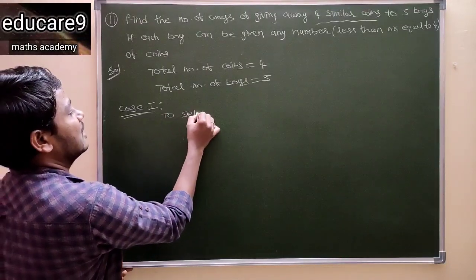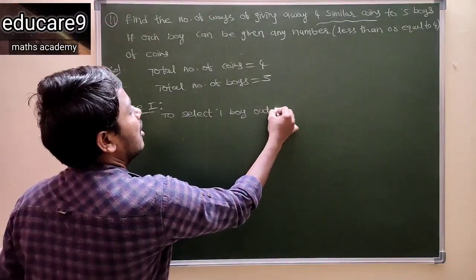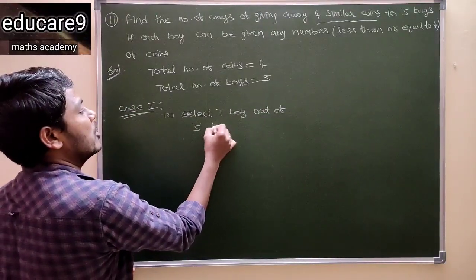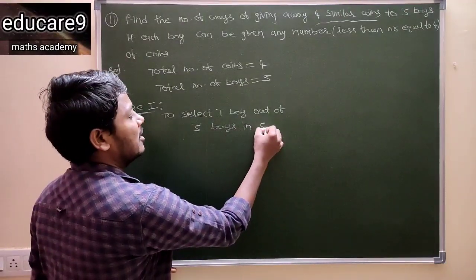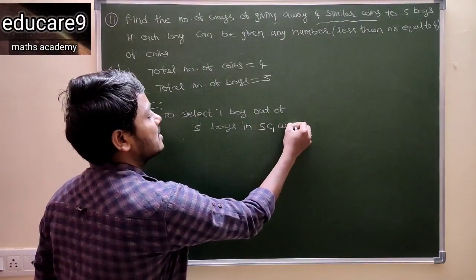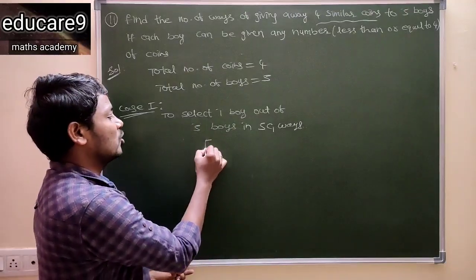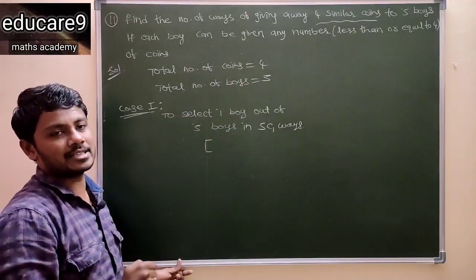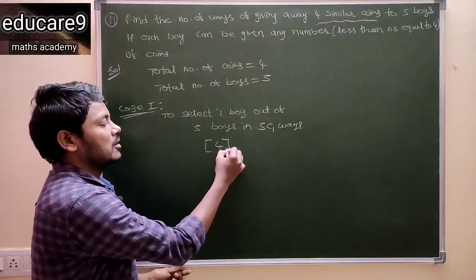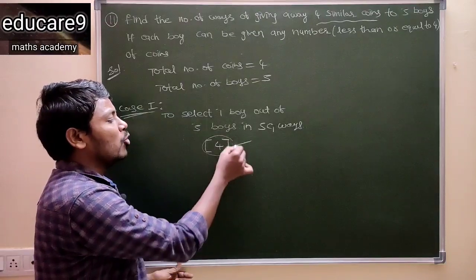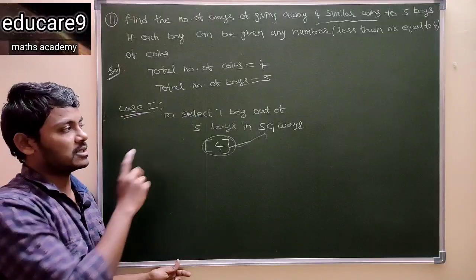To select 1 boy out of 5 boys, in how many ways? In 5C1 ways. So in that case, all 4 similar canes are given to 1 boy only.